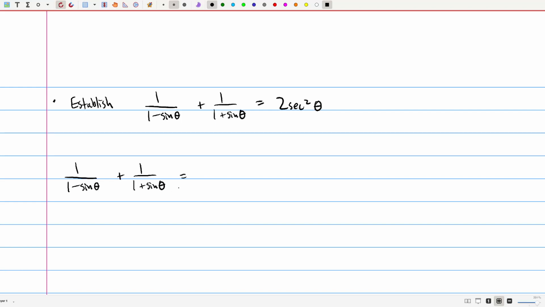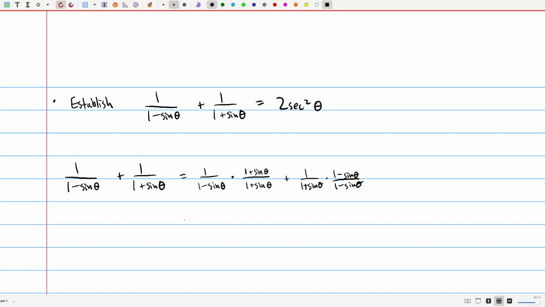So this is 1 over 1 minus sine theta times 1 plus sine theta over 1 plus sine theta, plus 1 over 1 plus sine theta times 1 minus sine theta over 1 minus sine theta.